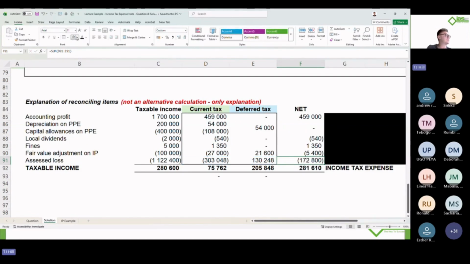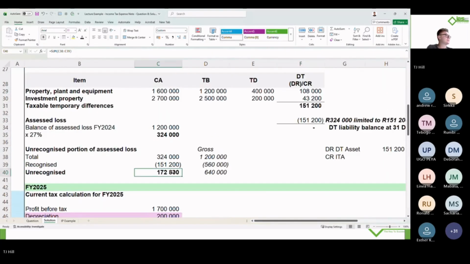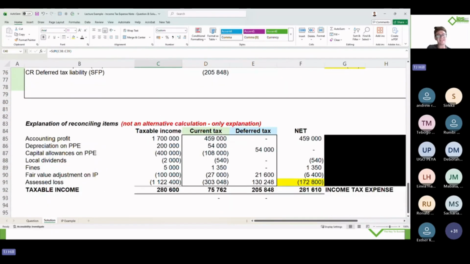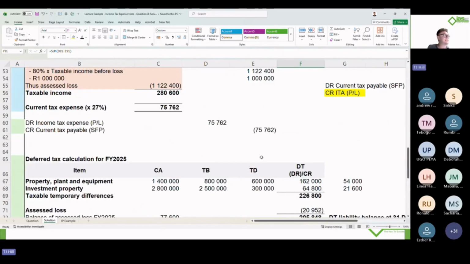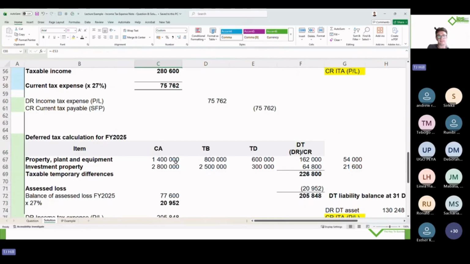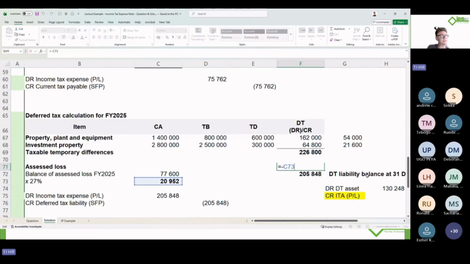Doesn't that number look quite familiar? It's the unrecognized portion that is now being recognized. Okay. That 172,800. Okay. I am recognizing a little bit in here and a little bit in there. You see that?